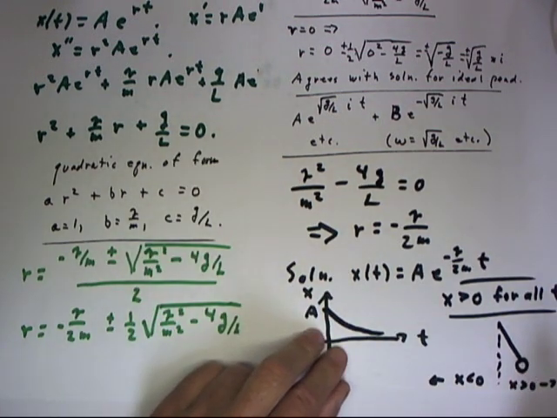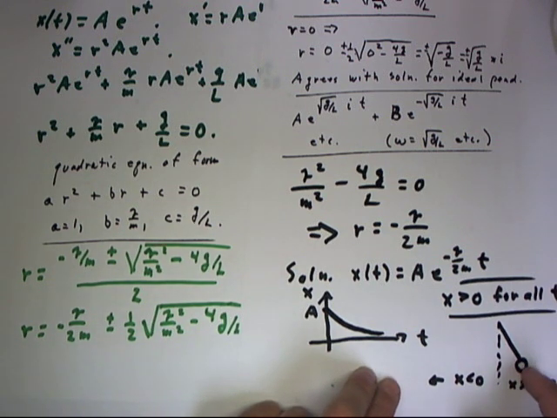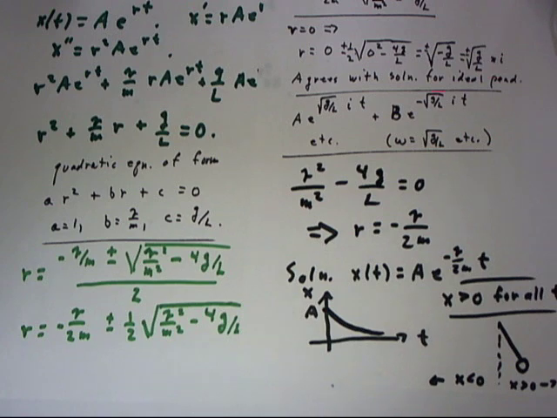So the pendulum is going to be released from some point, and it's simply going to exponentially approach the equilibrium position. It's going to simply relax back toward equilibrium, but it's never going to pass equilibrium.